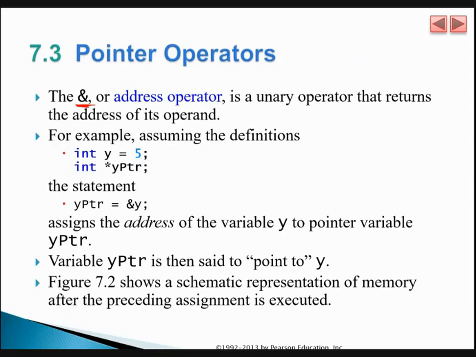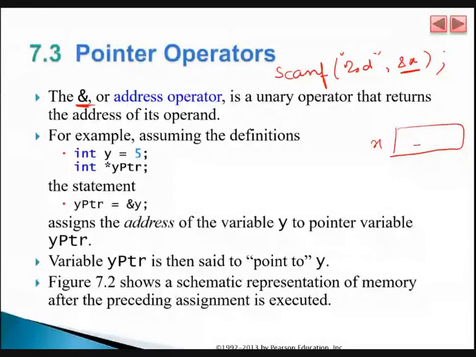We have seen this many times when we say scanf %d and then &x. It means whatever the user gives us, store it at the address of x. So this is the address of operator.